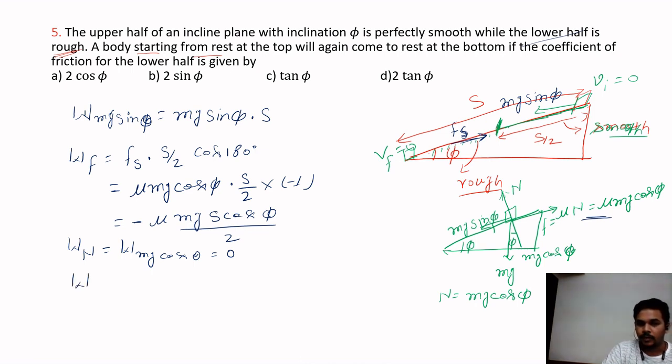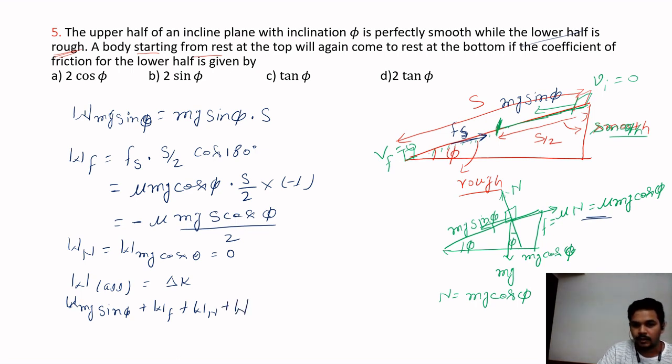So we can use the work energy theorem: the sum of work done by all the forces equals the change in kinetic energy. Let me write one by one: work done by mg sin phi, plus work done by friction force, plus work done by normal force, plus work done by mg cos phi, all equal to the change in kinetic energy, that is K final minus K initial.